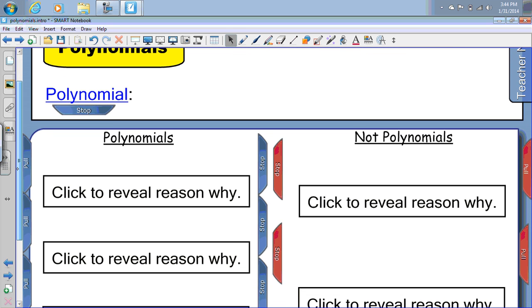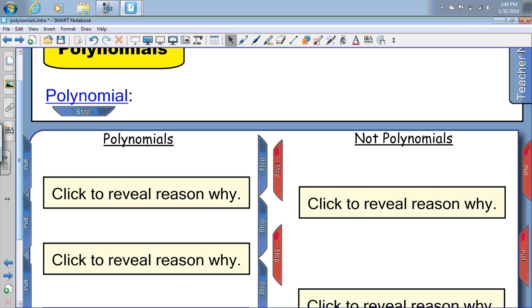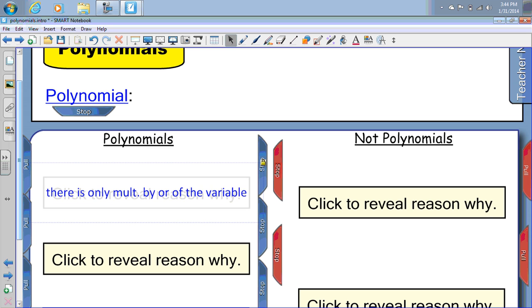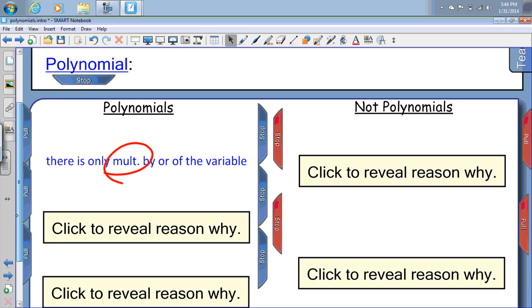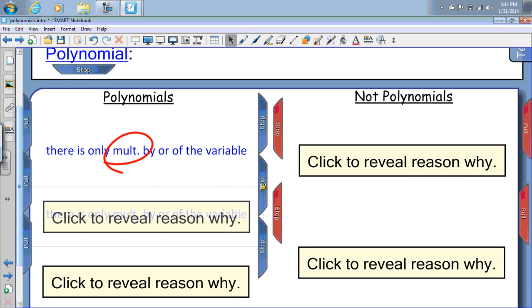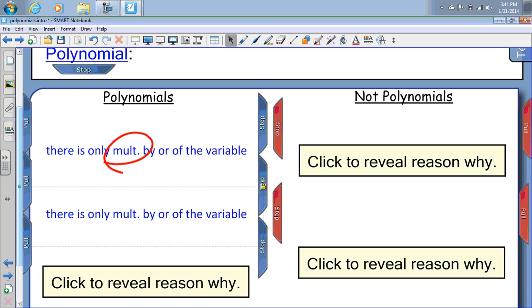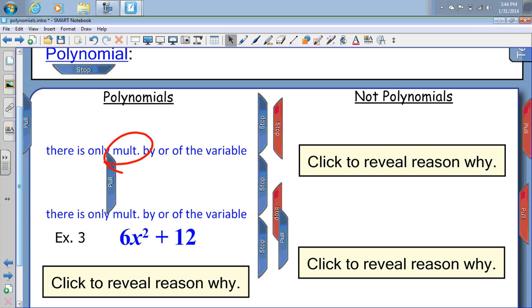When is something a polynomial? Something is a polynomial if we're using addition or multiplication. Actually, I think that should say addition. There's multiplication.